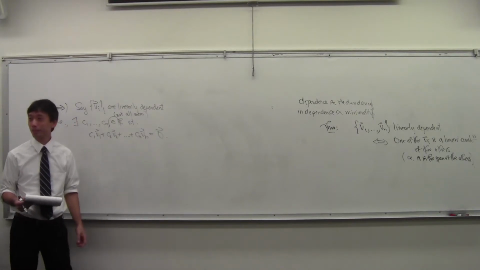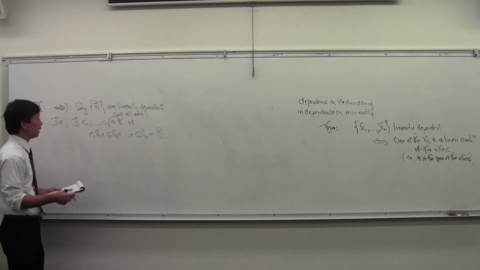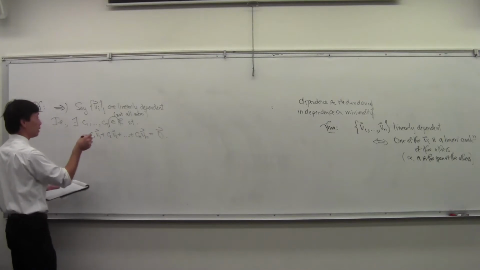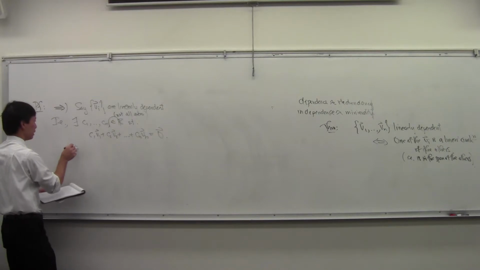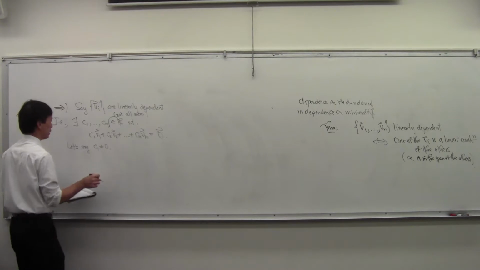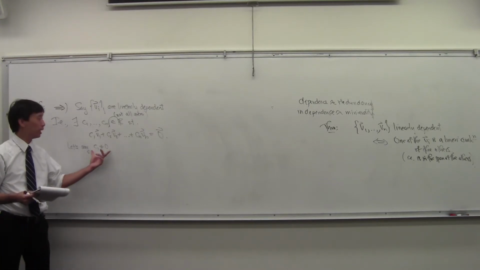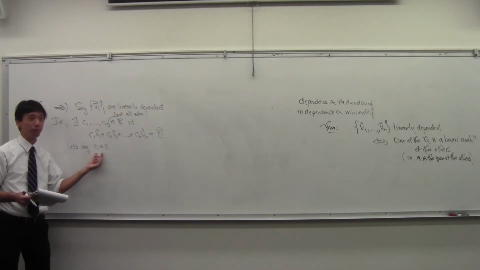Yeah, Ian. Don't you just subtract from both sides one of the terms, like C1 V1, and then divide both sides by C1? Yeah, exactly, perfect. So you say, well, look, let's say that C1 is non-zero. We know that not all of them are zero. Let's suppose that the first one is non-zero.